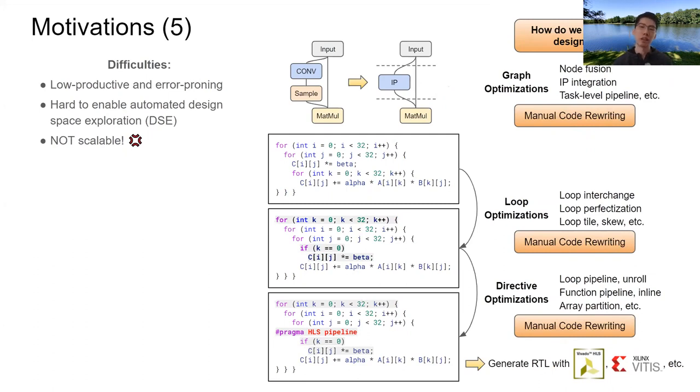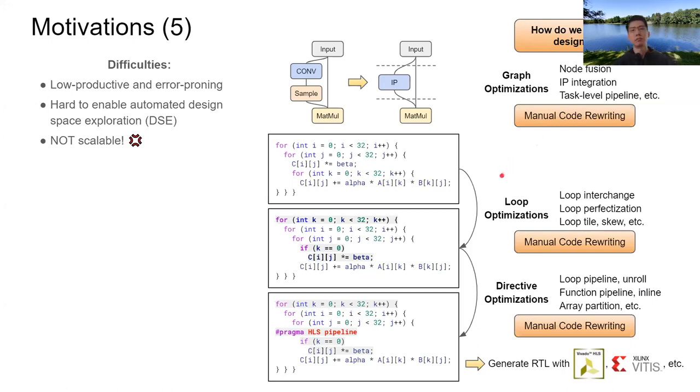Meanwhile, because you cannot easily try different design choices, it's hard to enable automated design space exploration. And finally, this kind of procedure is not scalable for large HLS designs.